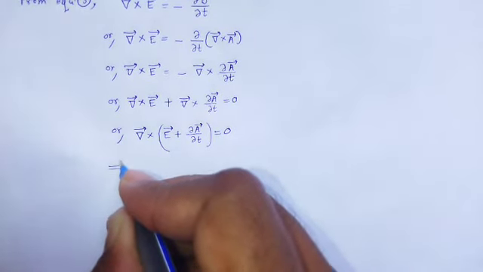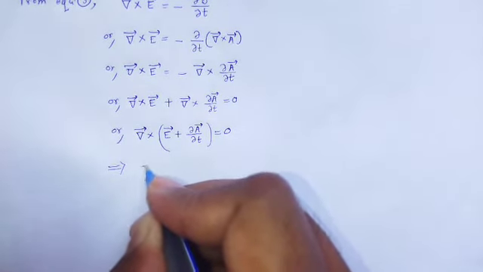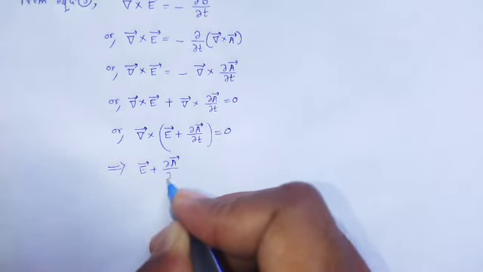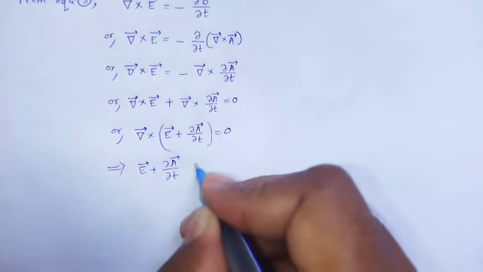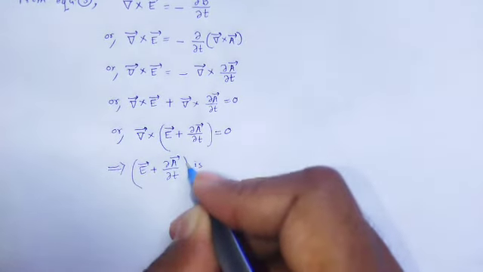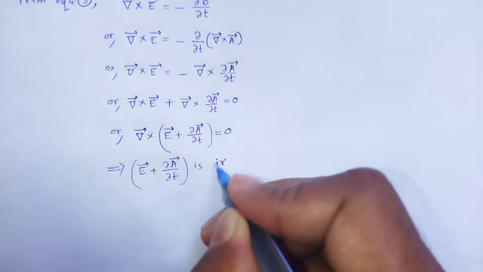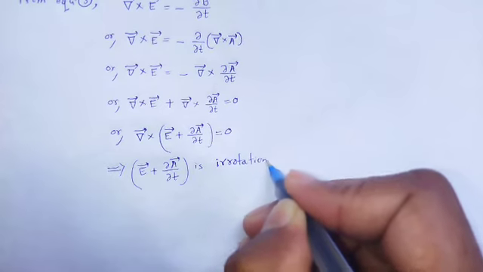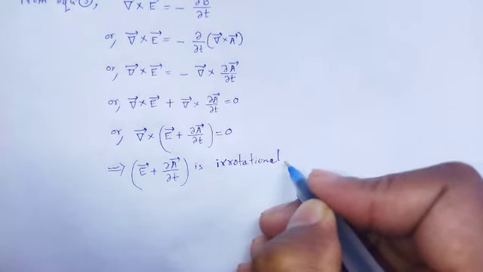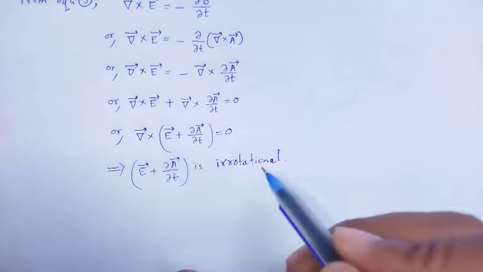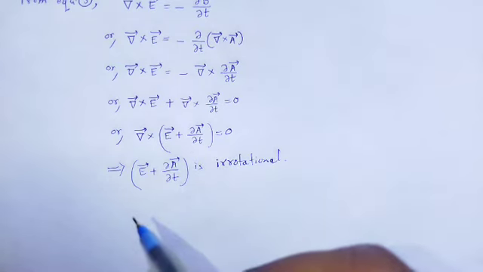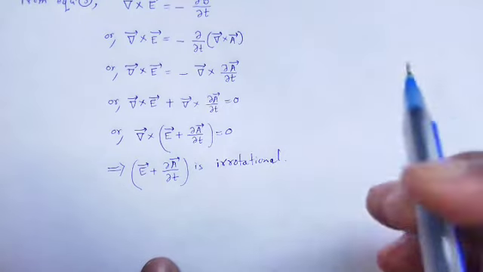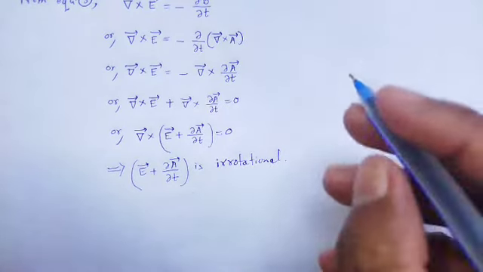It indicates that the term E vector plus del A by del t is irrotational, as its curl is 0.